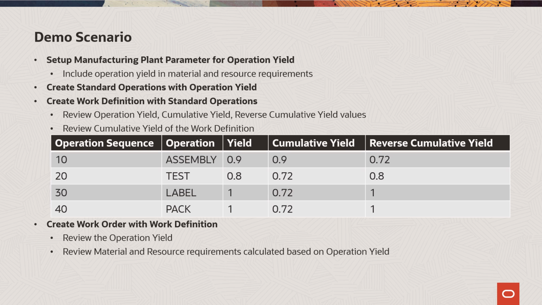You can review the operation yield, cumulative yield, and reverse cumulative yield values for the work definition operations. You can review the cumulative yield of the work definition. The following setup data will be used in this demo. And you will see the operation yield values in the work order. Also, you will see the material and resource requirements calculated based on the operation yield values.